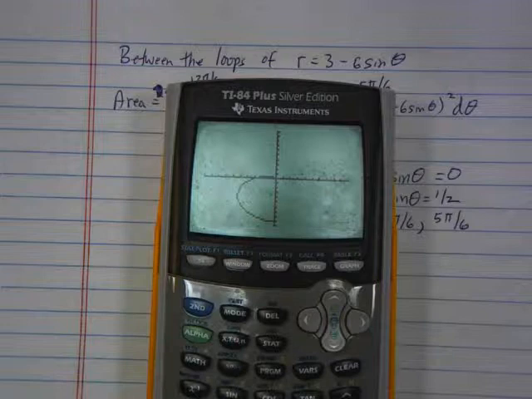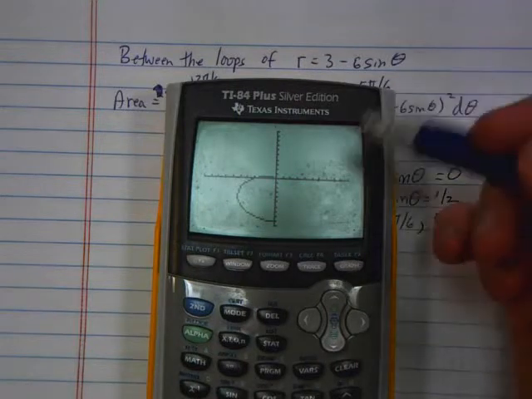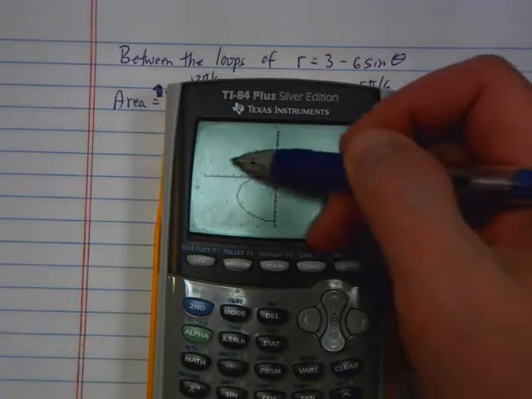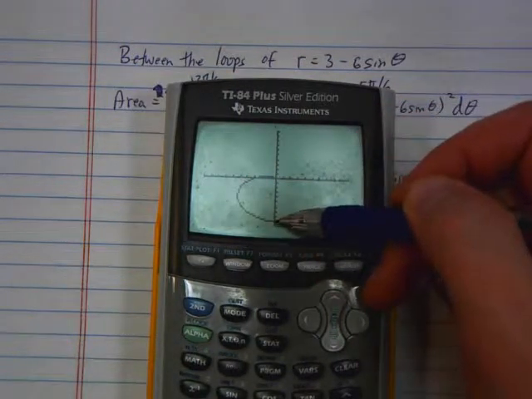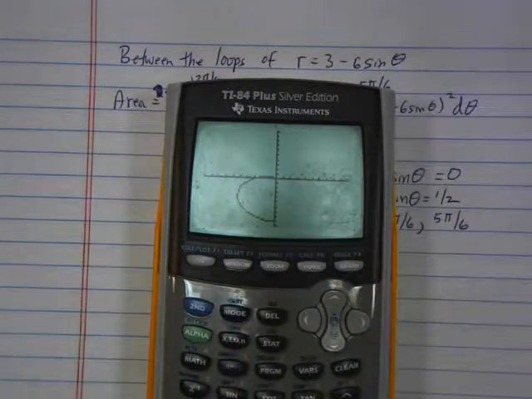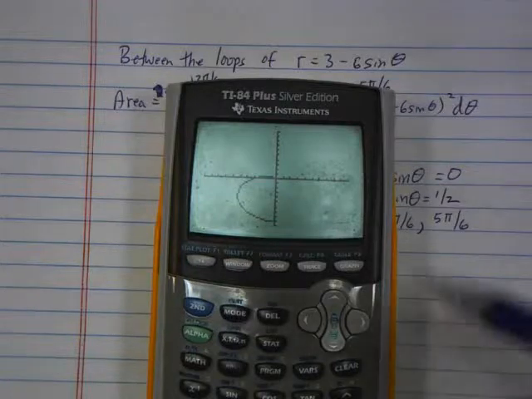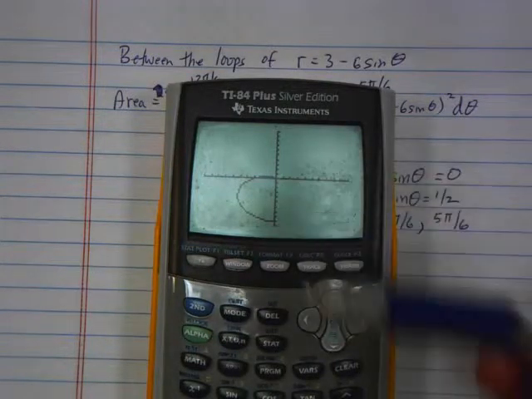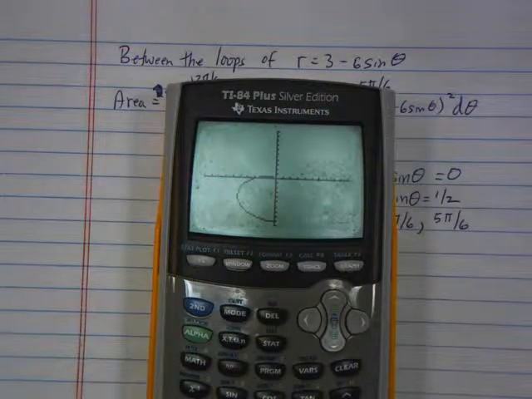And why did you think 3 pi over 2? Well, if I go from here and come around and stop right there, isn't that 3 pi over 2? Oh, yeah, that's why. That's 3 pi over 2. So I think that would have worked also. I think I could have gone from 5 pi over 6 to 3 pi over 2 and then doubled my answer.